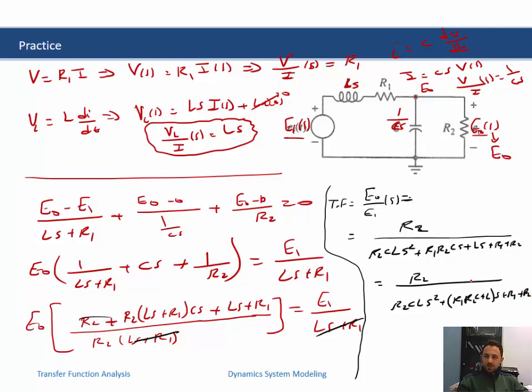Alright, so this is the transfer function of this electric circuit, which correlates the input to the output in the S domain.